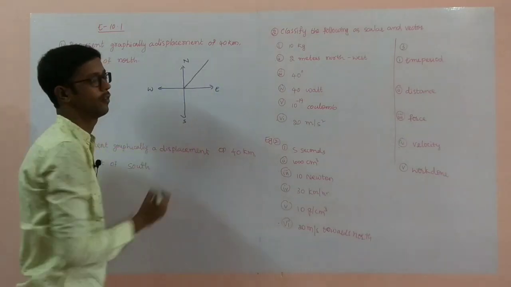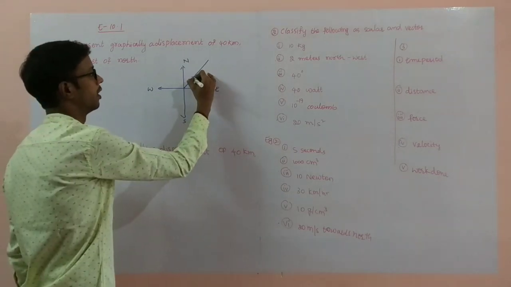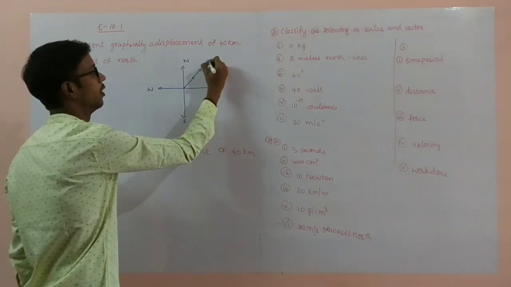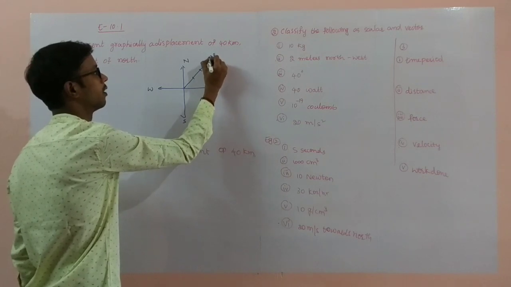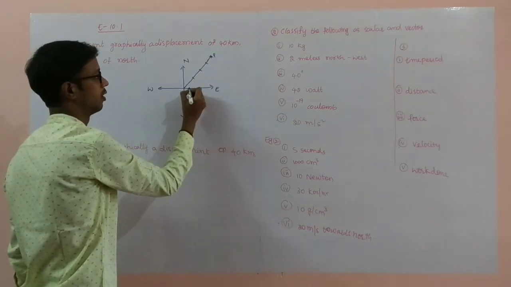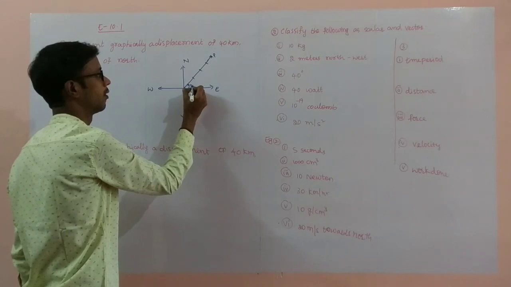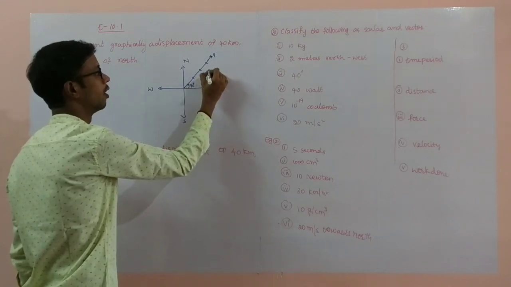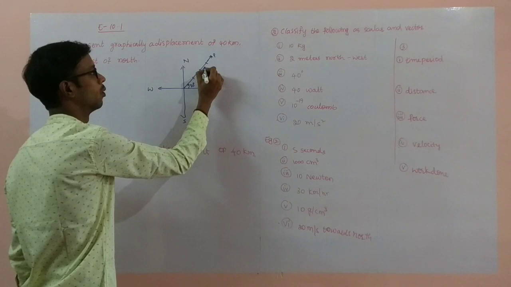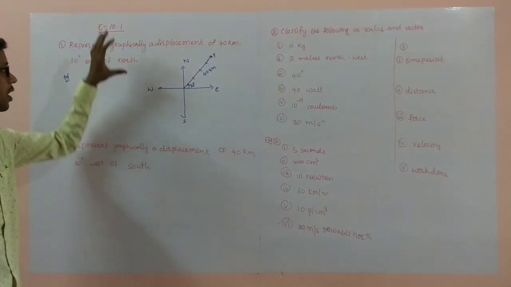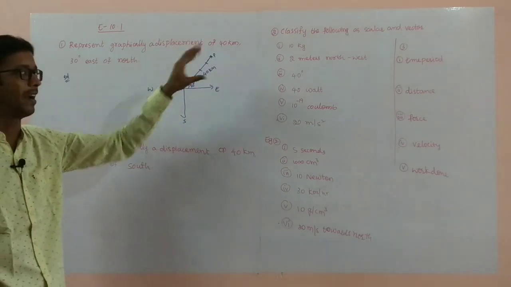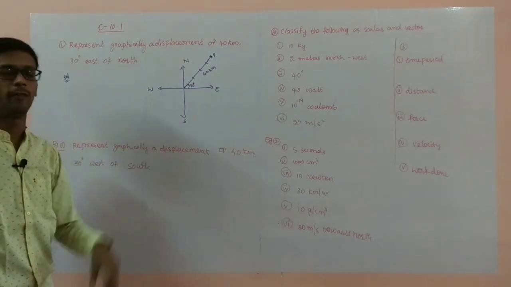Take 1, 2, 3, and the last one, point P, that is the direction. So this is 30 degrees, 40 kilometers. Just a rough diagram you have to draw, with representation of direction and magnitude. So this is a vector.